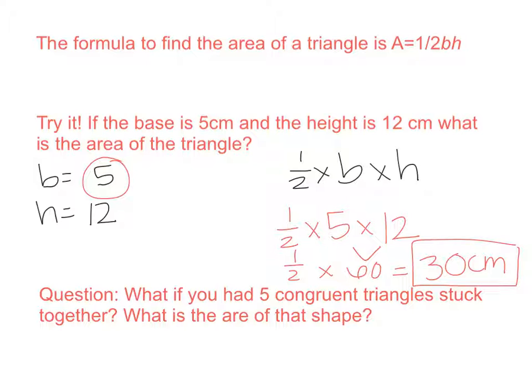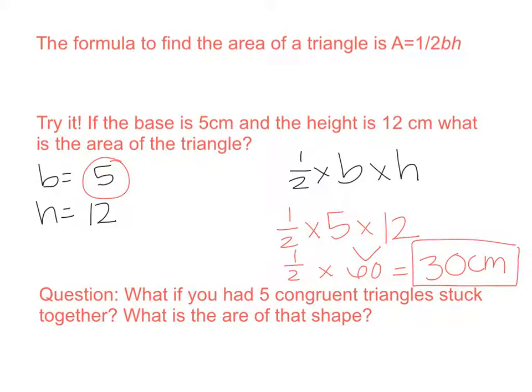So my question for you is, what if you had 5 of these congruent triangles stuck together? What would the area of that shape be? Congruent means equal. So what if you have 5 equal triangles? Sorry, I'm trying to find my laser. There it is. 5 equal triangles all stuck together with 30 centimeters each. What would you do to find the area of that whole shape?